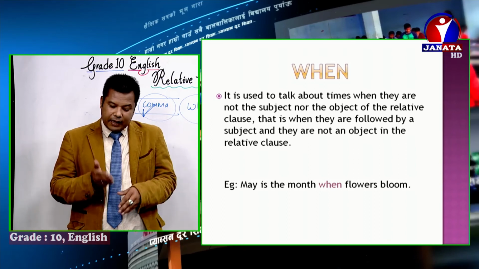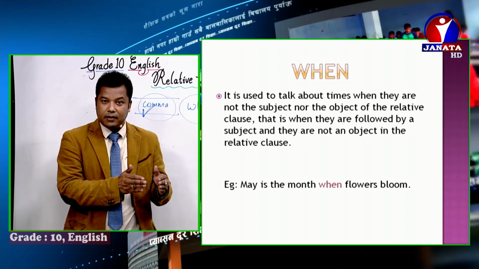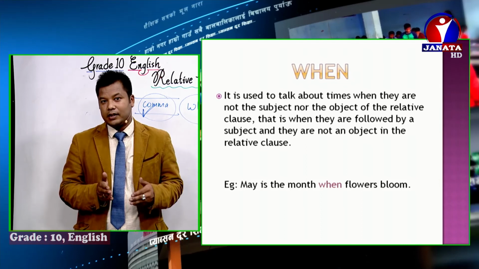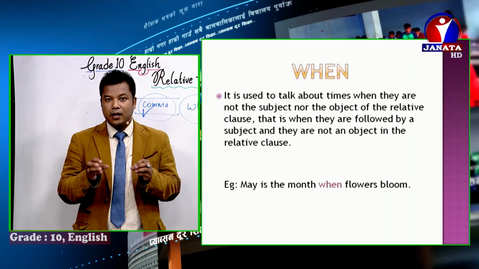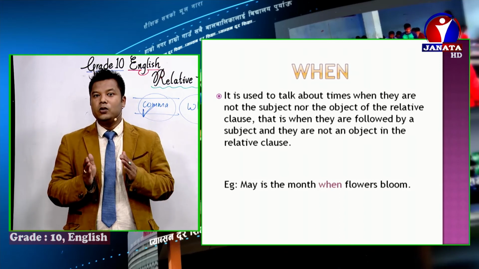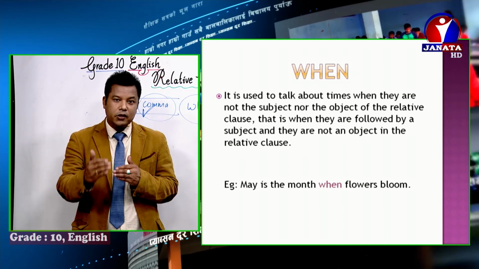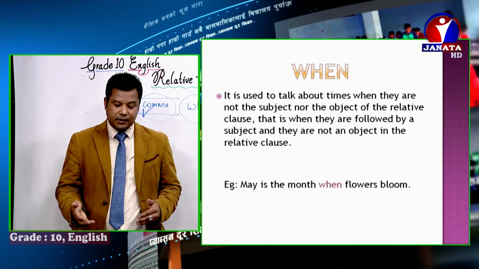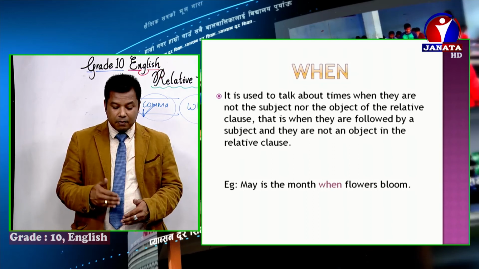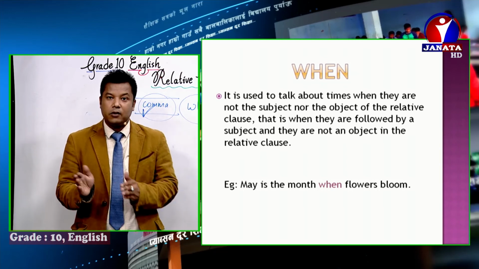Or if I don't like that too, I might even say something like May is the month flowers bloom in. See, there are varieties of ways of using clause examples, and once you learn relative pronouns and their proper uses, only then will you be able to paraphrase the sentences and produce varieties of techniques, like I have given to you here: May is the month when flowers bloom, May is the month in which flowers bloom, or May is the month flowers bloom in.